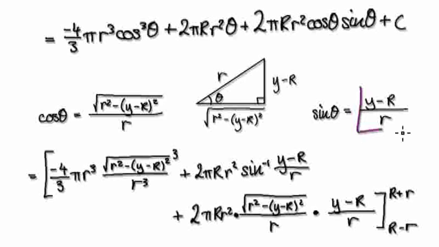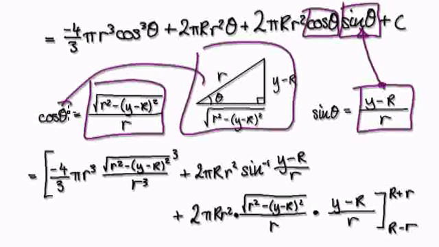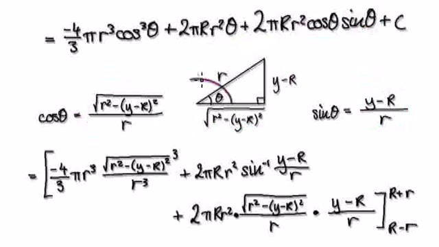So sine theta is this thing here. So if you look at this sine theta, we can put this back into here, and then we've got cos theta. Well, cos theta is this thing here. So once you have your diagram, you can also obtain cos theta. Cos theta is adjacent over hypotenuse.